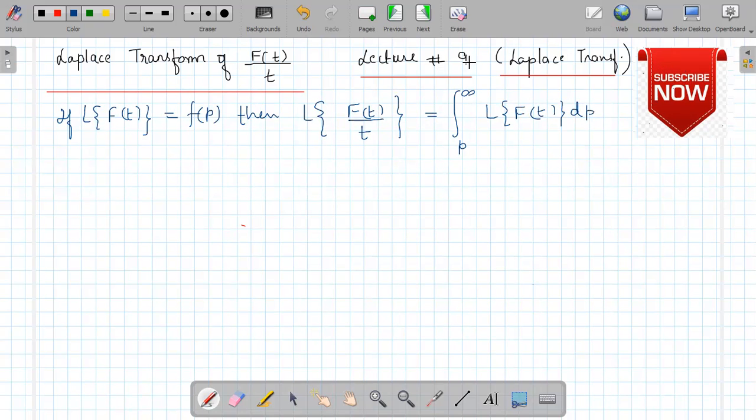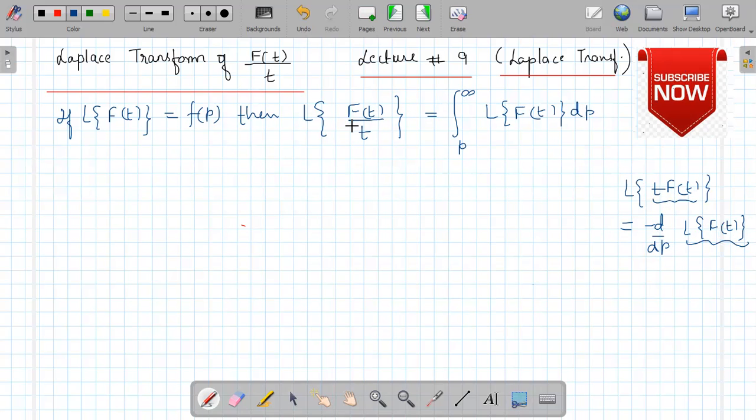In my lecture number 8, I have told you how to find Laplace transform of t f(t), right? If you remember the rule, it is defined as minus d over dp into Laplace of f(t). So when you multiply the function by t, the Laplace transform is the derivative of Laplace transform of f(t) with respect to p.